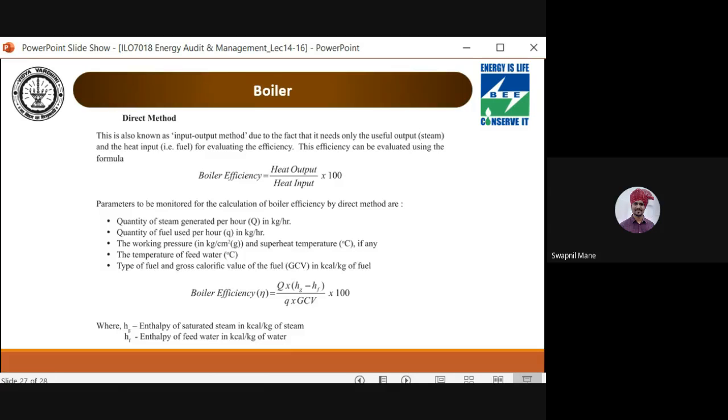Whereas the disadvantages of using direct efficiency are what? Accuracy. The accuracy of the steam flow rate or feed water flow will depend upon the instruments that are being used. Even small errors will cause a great change in the efficiency. Steam quality assessment in case of saturated steam is prone to error because the prevalence of wet steam is common in many boilers.